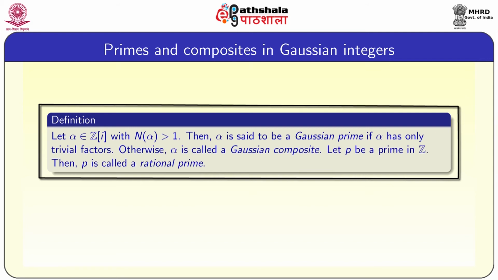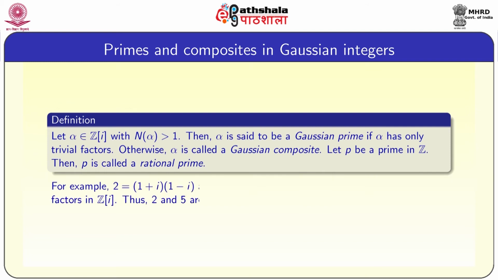Let p be a prime in Z, then p is called a rational prime. To distinguish between Gaussian primes and ordinary primes, from now onwards the primes in Z are called rational primes. For example, 2 is a prime as an integer, but as a Gaussian integer it is no longer a prime.